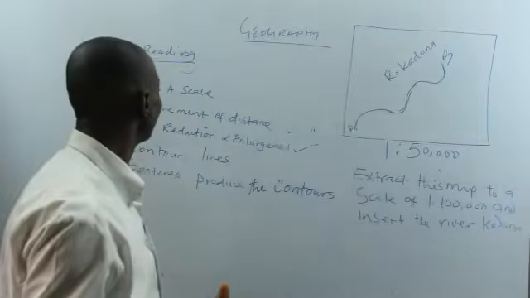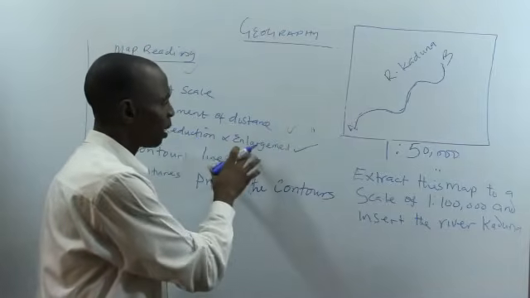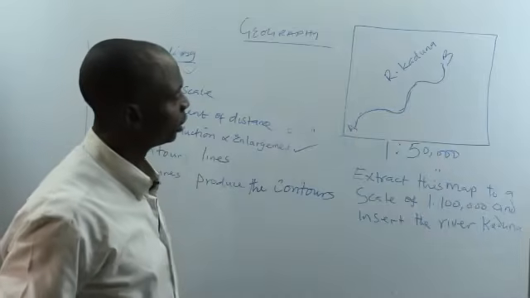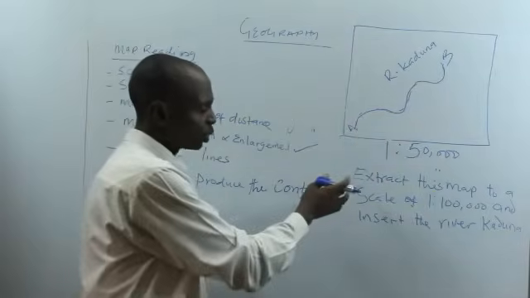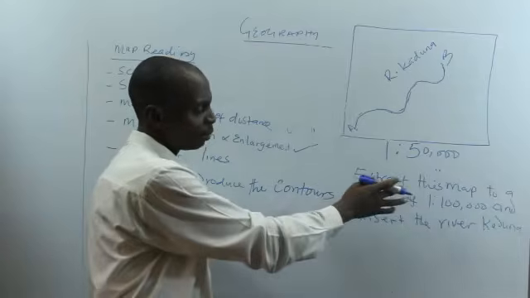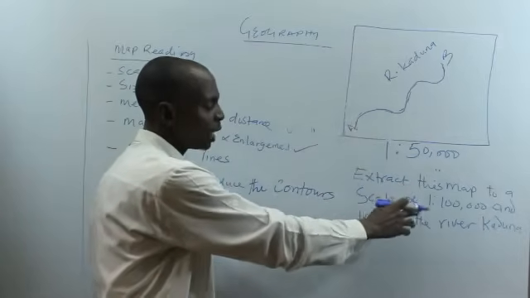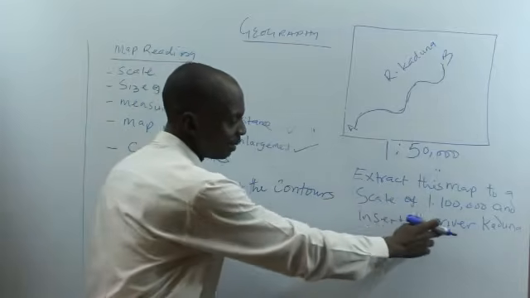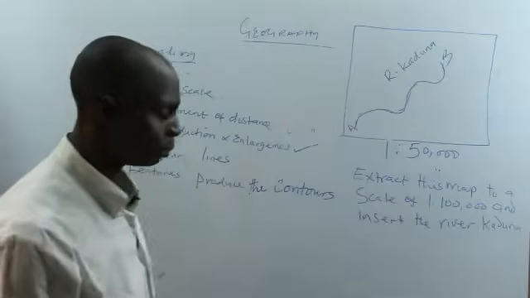Okay. Now let's look at map reduction and map enlargement using the same example that we have on the board. Look at this question. Extract this map to a scale of 1:100,000 and insert the River Kaduna, that is this River Kaduna, on the old map.